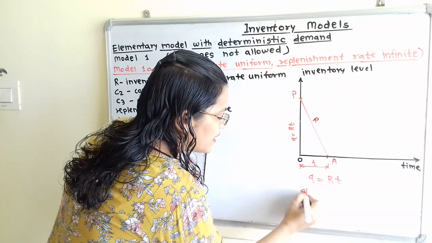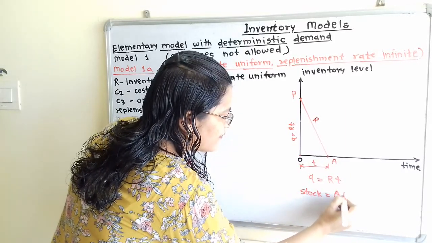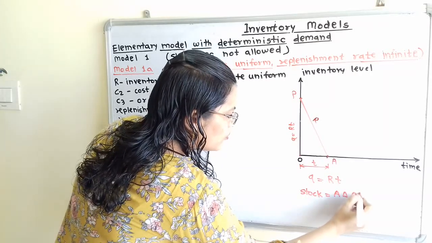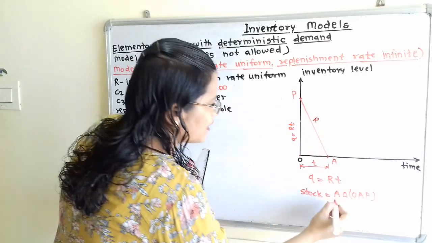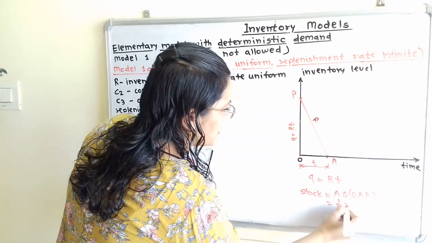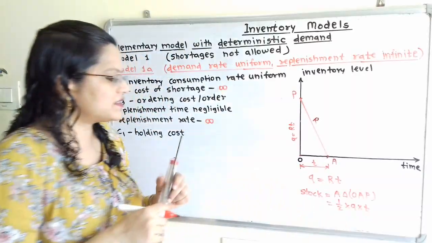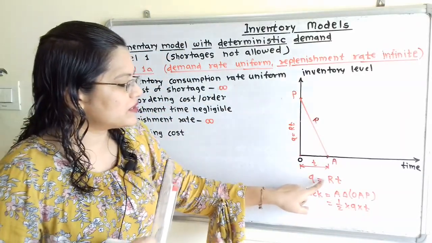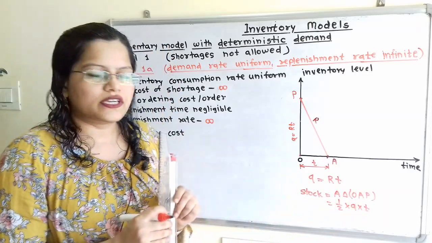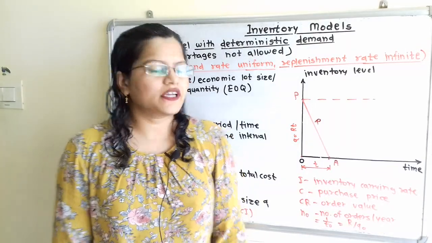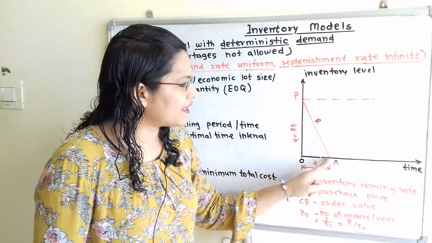So stock is equal to area of triangle OAP, which is half multiplied by Q multiplied by T. So from this diagram we can write Q is equal to RT and stock is equal to half into Q into T.